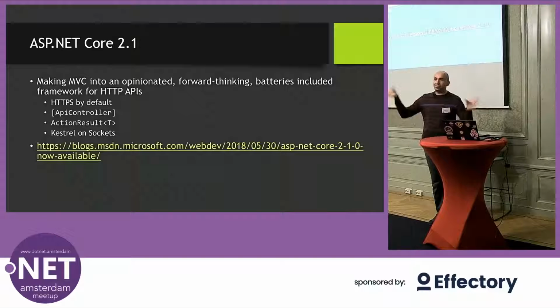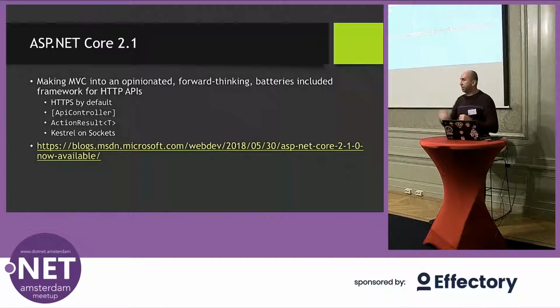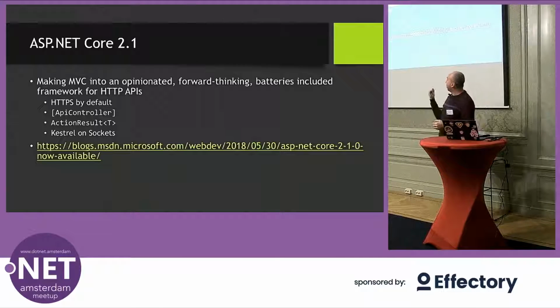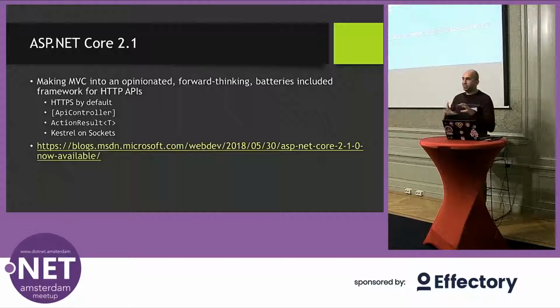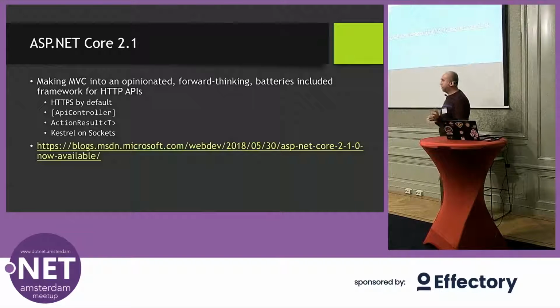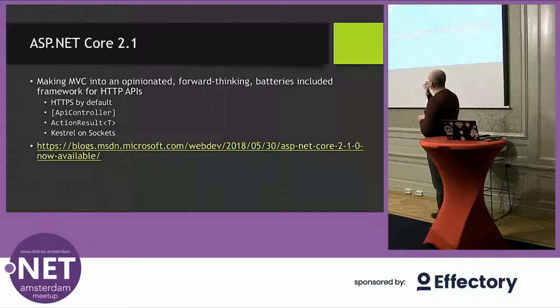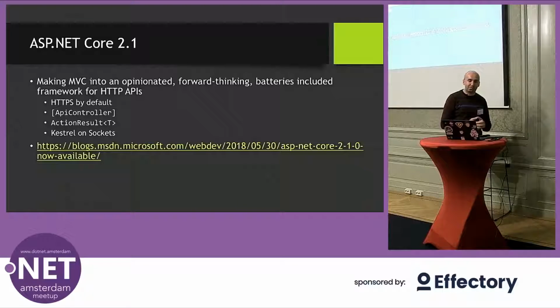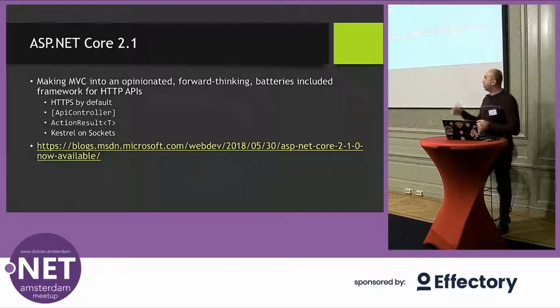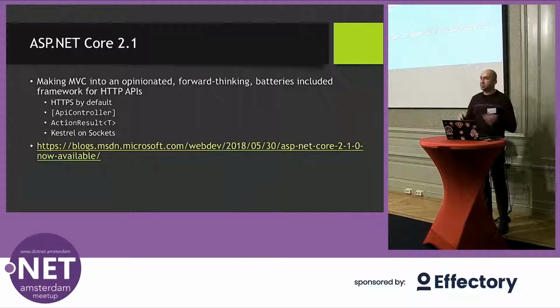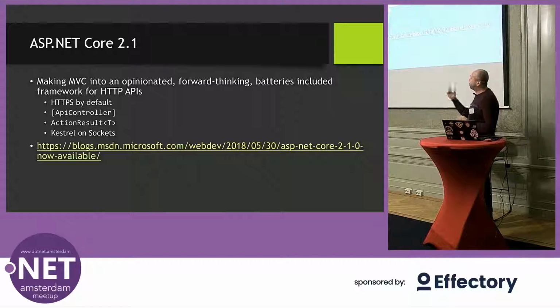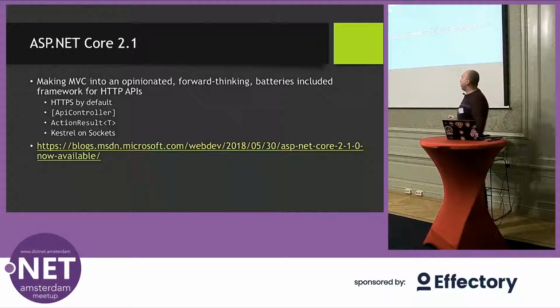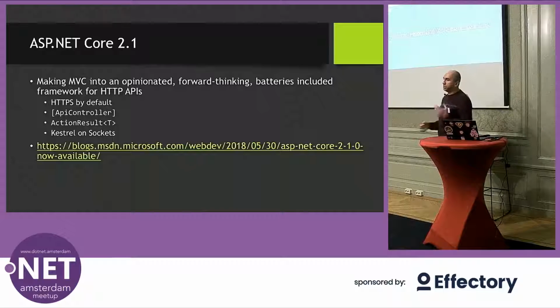Then you would inherit from that and add some action methods. Now we have a unified platform for any kind of Web API or MVC. And with this attribute, you tell ASP.NET Core that this controller is an API controller, which triggers some conventions. We'll see later in the demo what those conventions are.